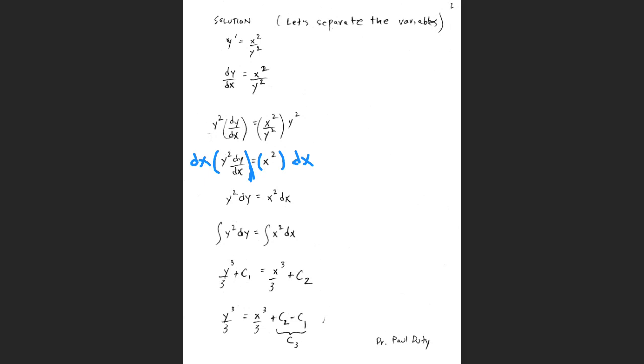And that's going to cause the dx terms to simplify on the left side, to cancel out. Right? That's what they'll do. And then this is going to leave us, rewriting the differential equation as y squared times dy equals x squared times dx.